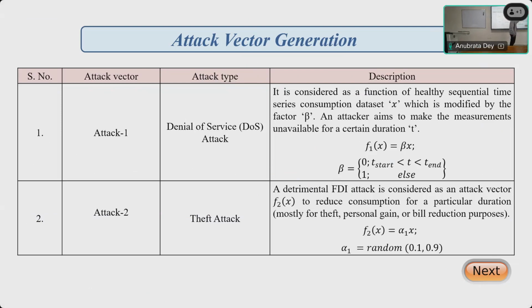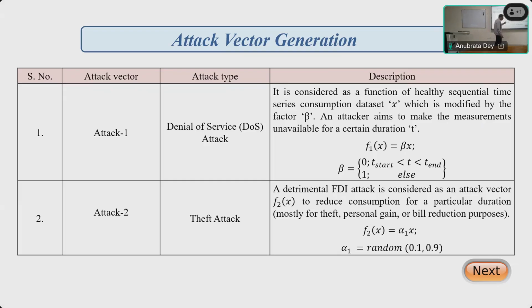On that data set I have applied this beta factor. Beta equal to one means your original data set is unchanged, and zero means that for a specific period of time the data is not available. So you can easily do that.